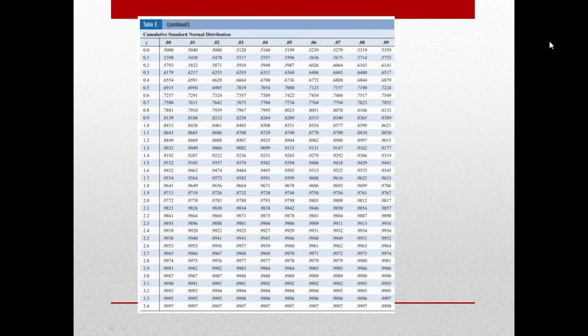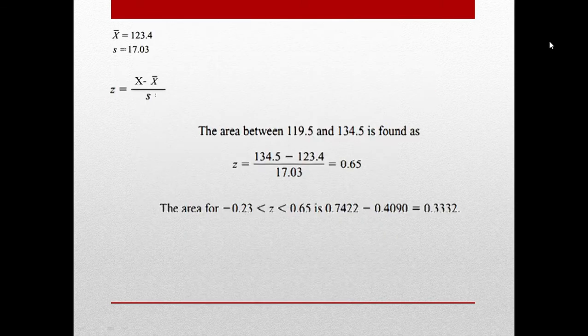In table E, 0.65 is 0.7422. So the area for Z greater than negative 0.23 and less than 0.65 is 0.7422 minus 0.4090, which is equal to 0.3332.